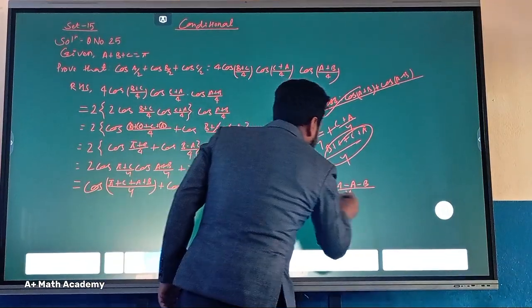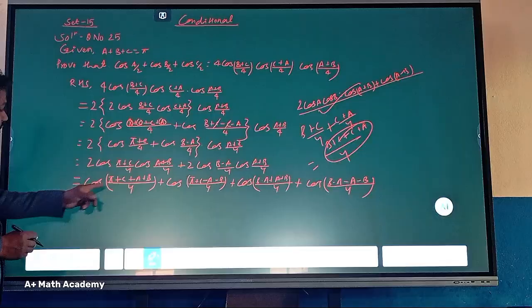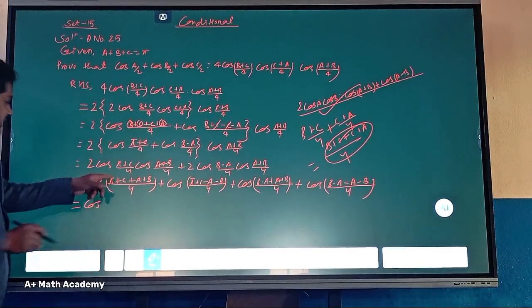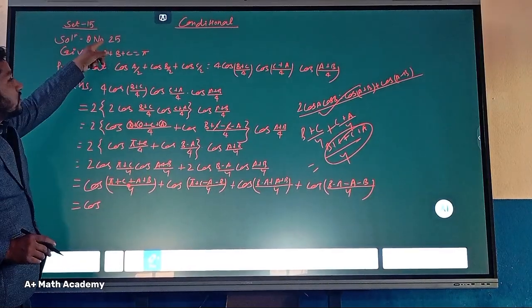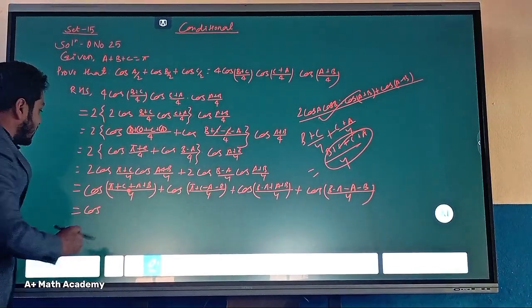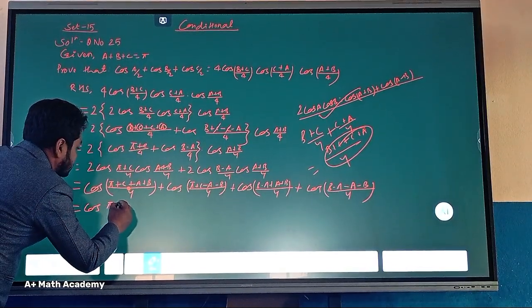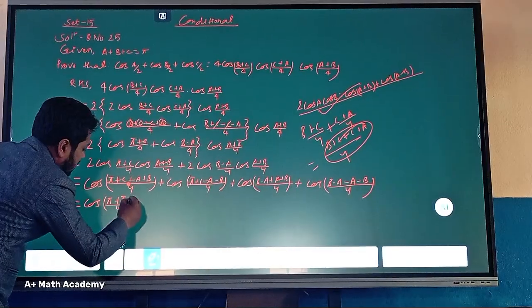Let's see what happens in these terms. Cos (pi plus C plus A plus B) by 4: A plus B plus C is pi, so it is cos (pi plus pi) by 4.